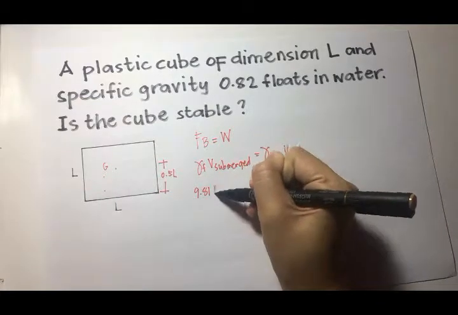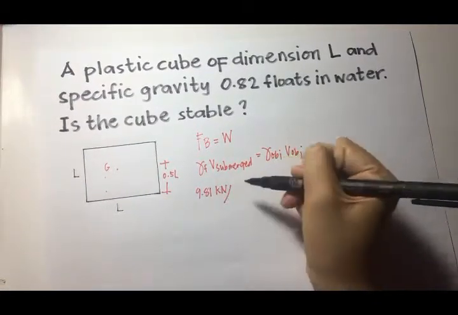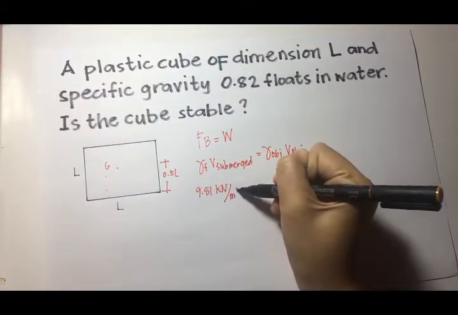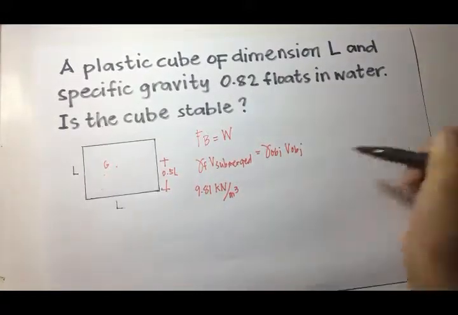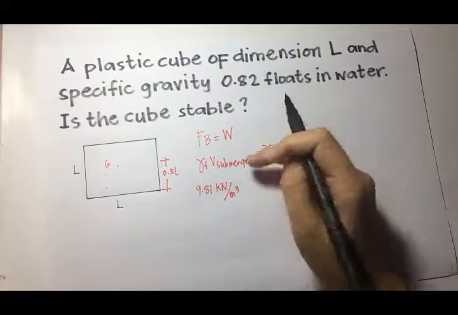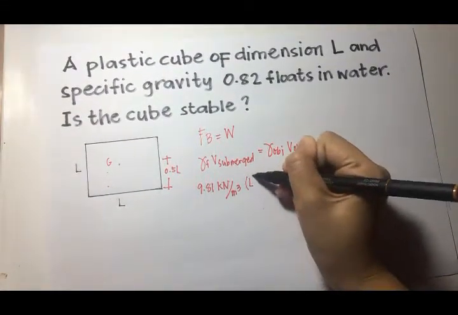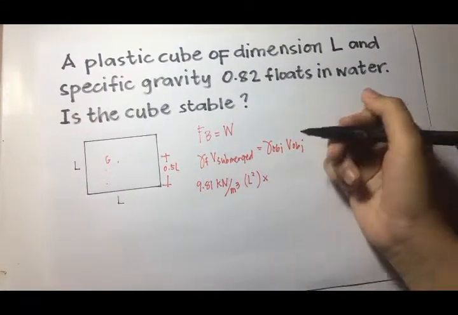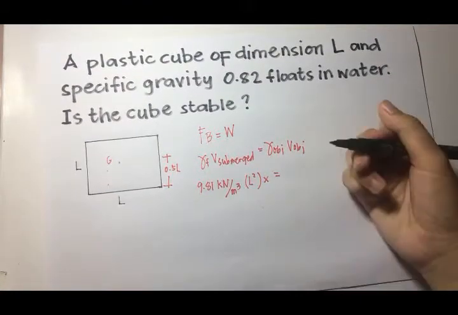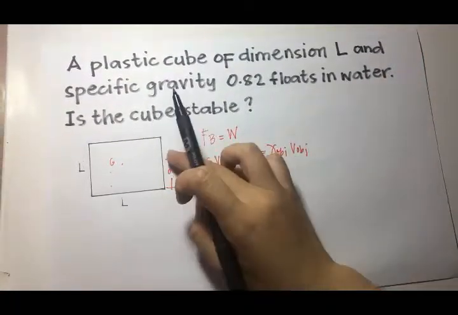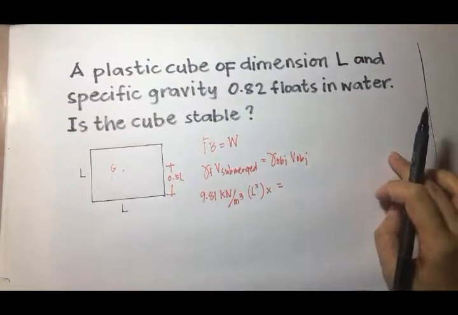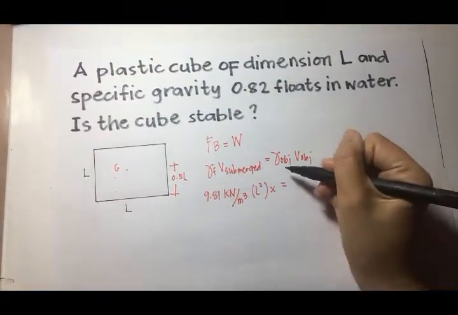Now the unit weight of the fluid is equal to 9.81 kilonewton per meter cubed times the volume submerged, or L squared times x. X is the distance of the displacement in the figure, which we are looking for.